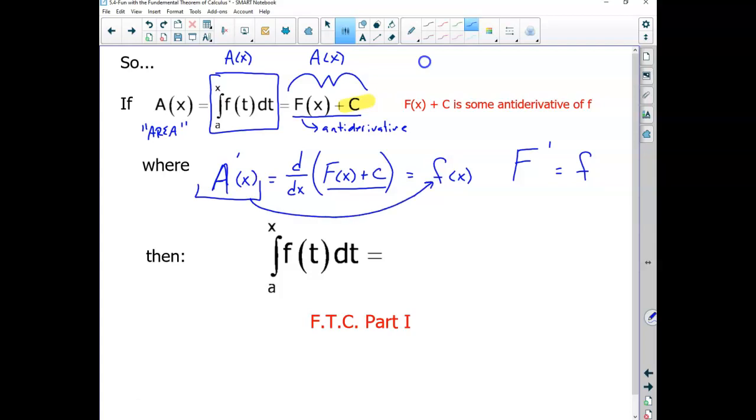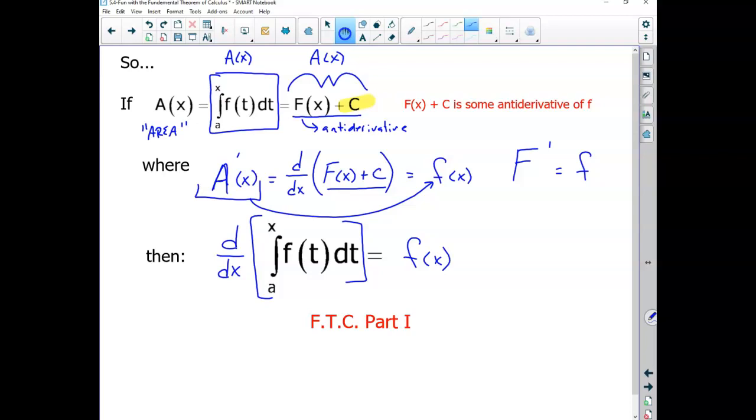So if I take the derivative of my antiderivative, well, what the heck does that mean? That means I get right back where I started, with my x in it. That is the fundamental theorem of calculus part 1.